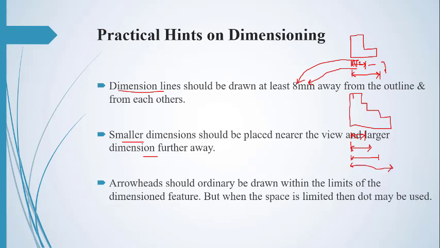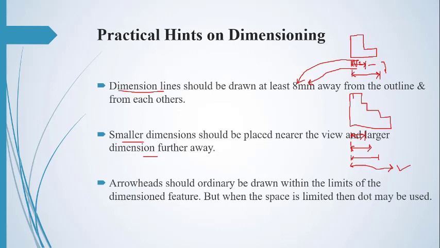So keep in mind, if you are drawing dimension lines for every part of the drawing, keep the shorter or smaller dimension nearer to the view, and then the second one, the third one, and in the last keep the largest dimension of the object.